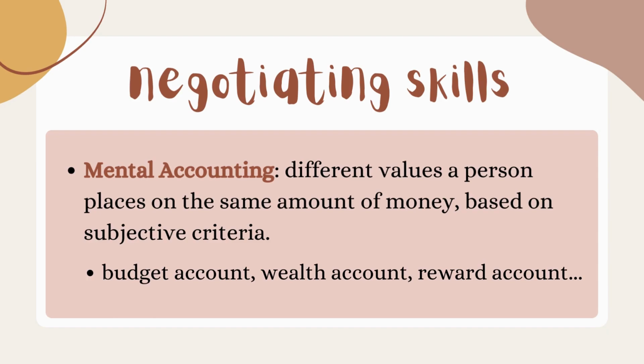For example, we may put our salary into a monthly expenses account, and brand handbags may be classified into a luxury good account. But the point is, how can we apply the concept of mental accounting when negotiating with customers or with others? We should try to transfer their accounts.